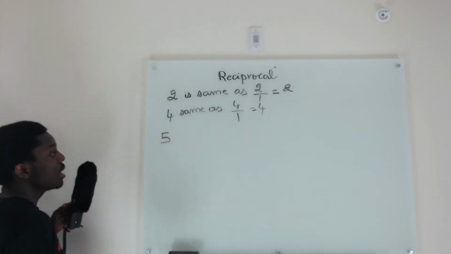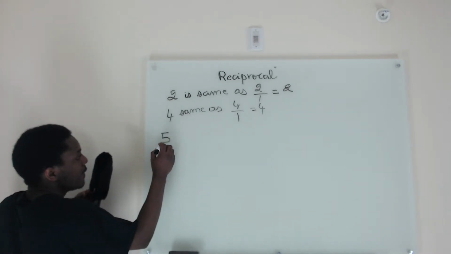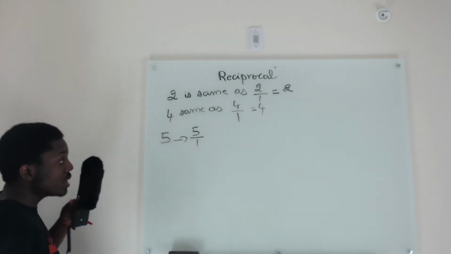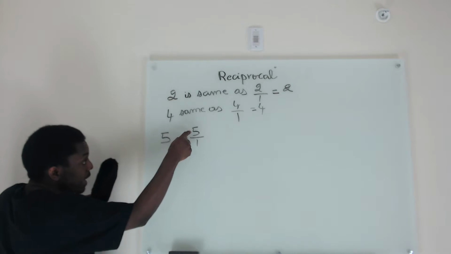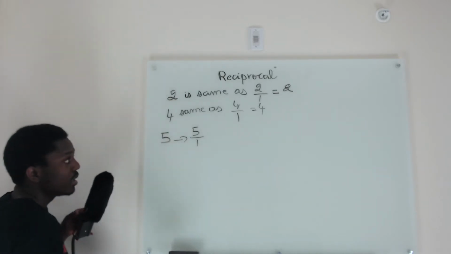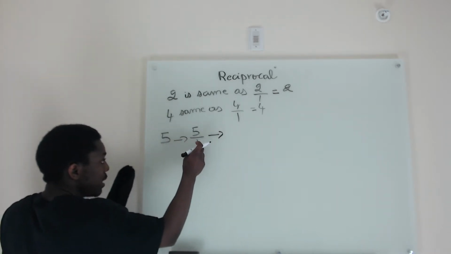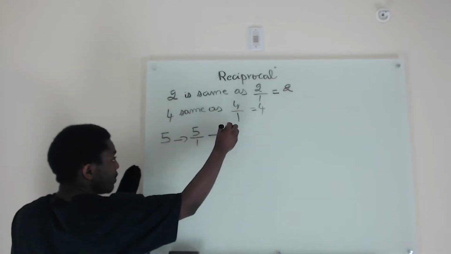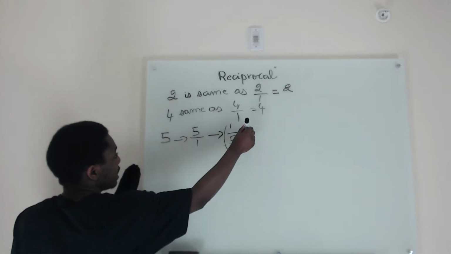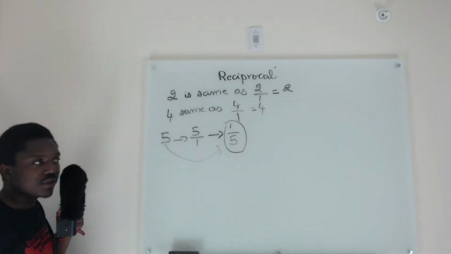So first, you have to keep in mind that 5 is kind of like 5 over 1. So now, the reciprocal of 5 over 1 is just the flip of 5 over 1. So when I flip this, I take the bottom, I put it on the top, and I take the top, I put it on the bottom. And this is the final answer. So the reciprocal of 5 is 1 over 5.